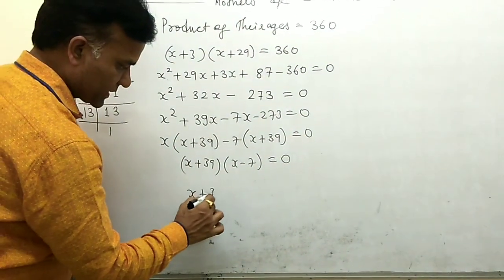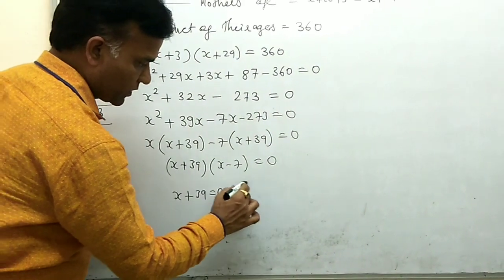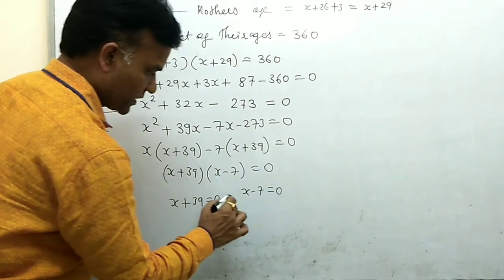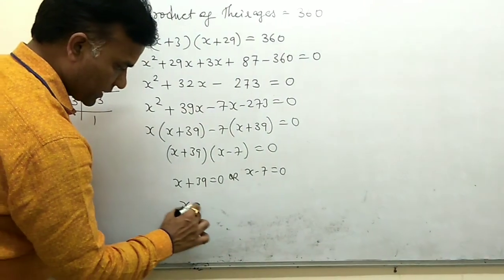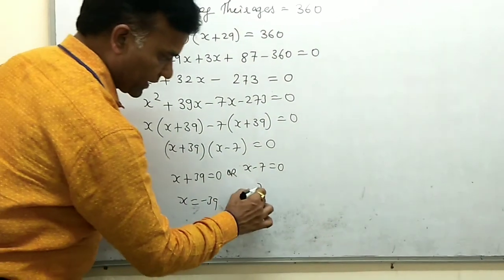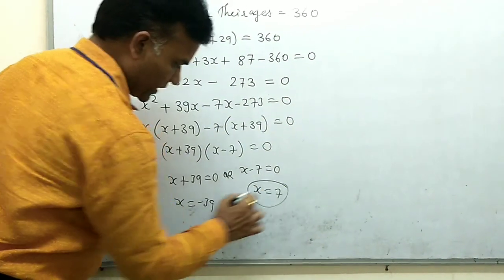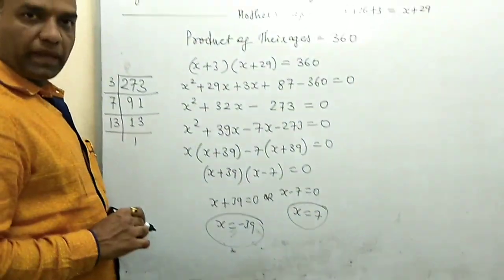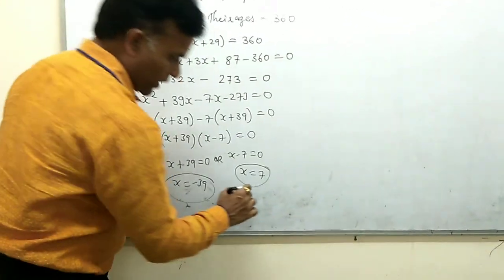So x plus 39 equal to 0 and x minus 7 equal to 0. So x is minus 39 and here x equal to 7. Age cannot be negative, so this is not possible. So x equal to 7.